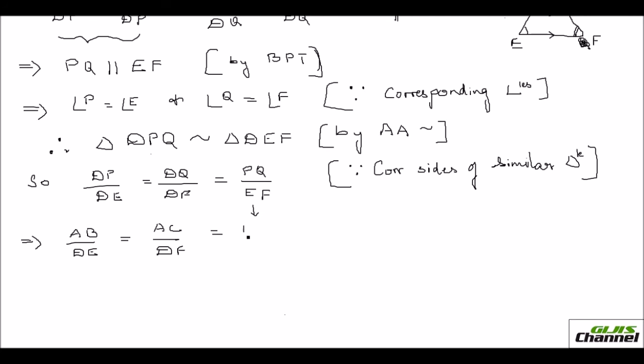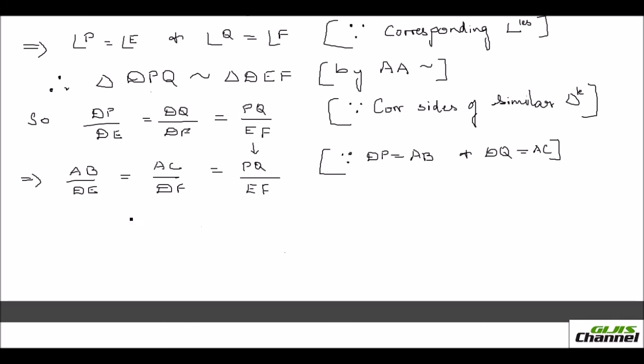So this is PQ over EF, because we don't know whether PQ is equal to BC, so I can't replace this PQ. This is because DP is equal to AB and DQ is equal to AC, right? So I have replaced.